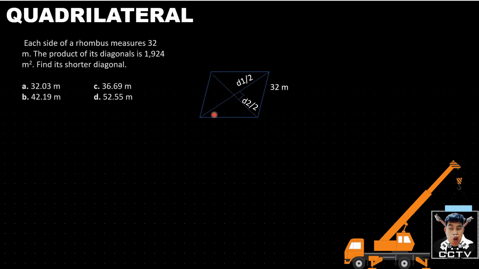And that is D2 over 2 also, just half. We use a triangle here, and the product of the two diagonals is 1,924. This angle is 90 degrees, so this triangle is a right triangle, and this one is the hypotenuse, which is 32.